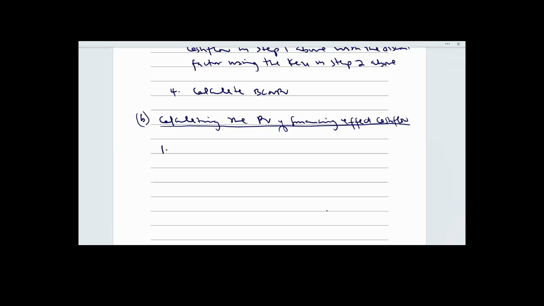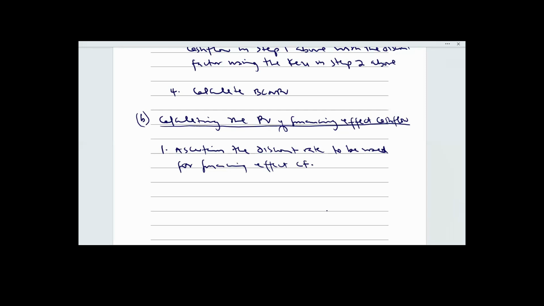But at all times, always use the cost of borrowing, because cost of borrowing will always be higher than the risk-free rate of return. So you need to ascertain the discount rates to be used for financing effects cash flows.